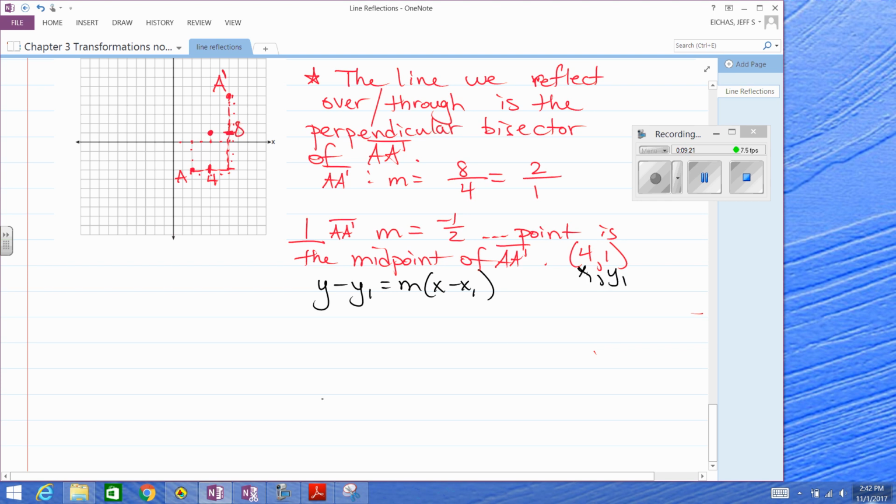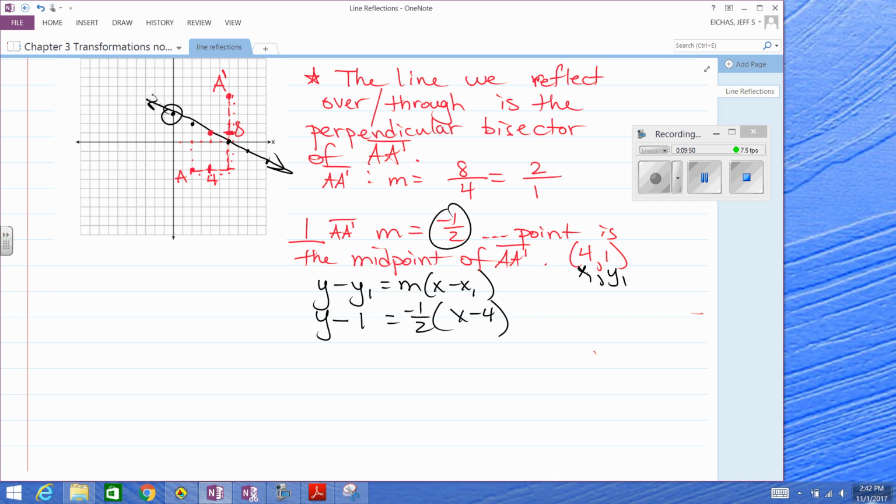All right, so we get y minus 1 equals -1/2 times x minus 4. Now, of course, if you want the y-intercept, you could do it this way. Looks like it's going to be +3. If you like to graph it that way, that's good too. So this is how you would do it. Basically, it's an application of finding the perpendicular bisector between 2 points.